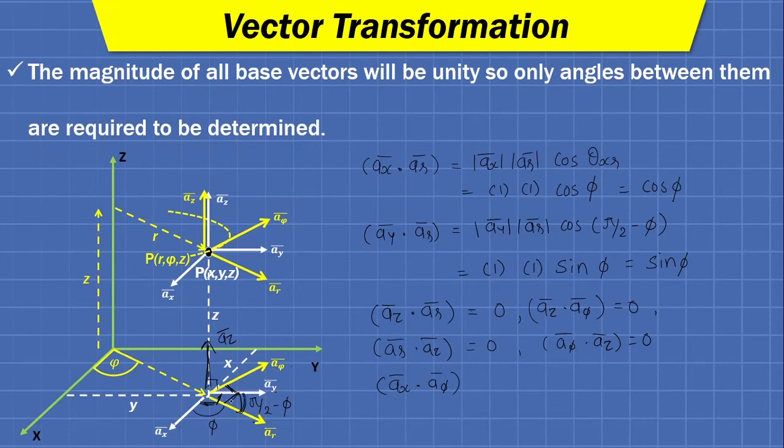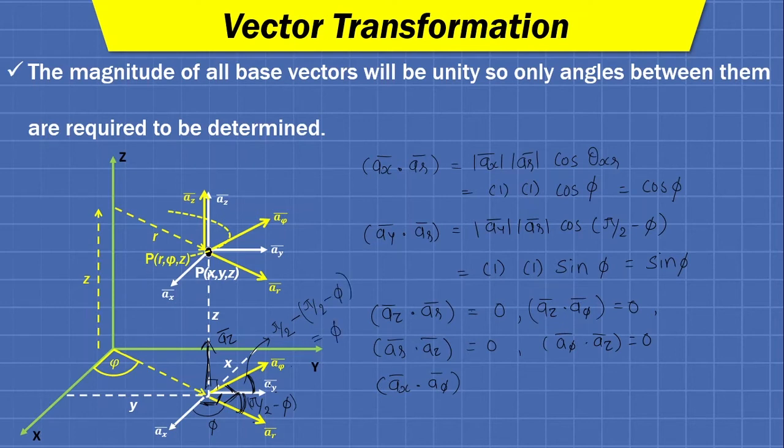So the angle between a_y and a_phi can be calculated as pi by 2 minus pi by 2 minus phi, so it will be phi.